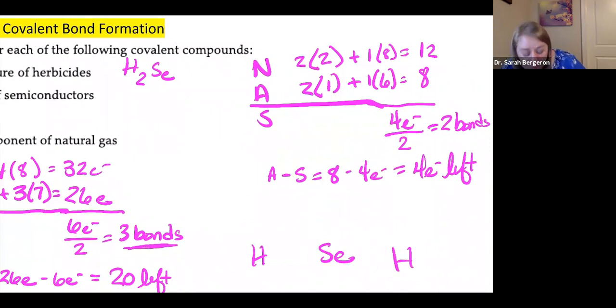I can make 2 bonds, and I have 4 electrons left. Well, my hydrogen has a complete outer valence shell, so you can't give hydrogens any electrons. They're complete, they're good. So you have to put the electrons on the selenium, on the Se. And so I'm going to put 1, 2, 3, 4. And that's your electron dot diagram, right?